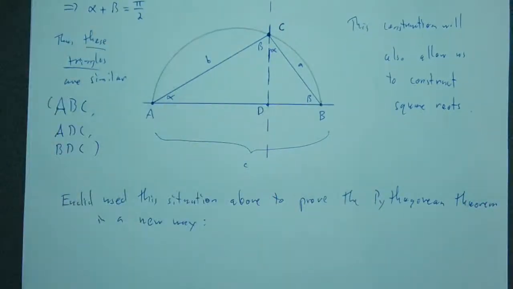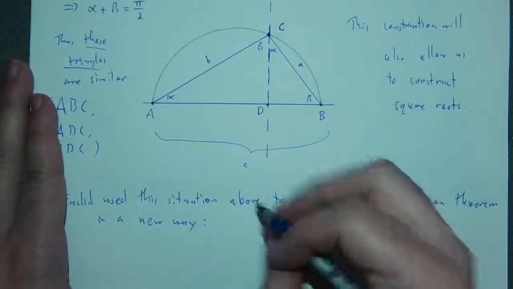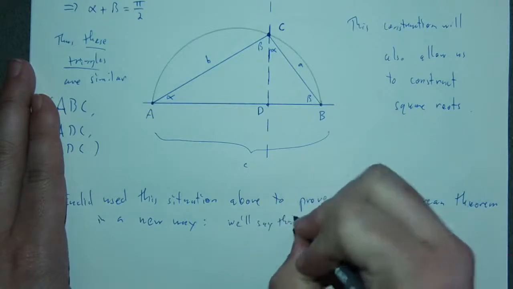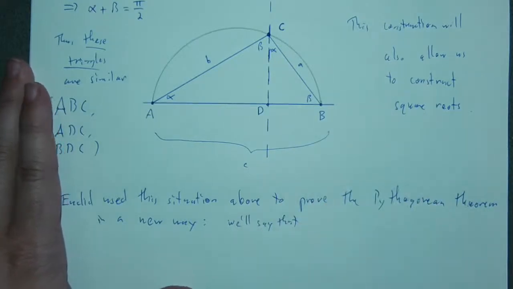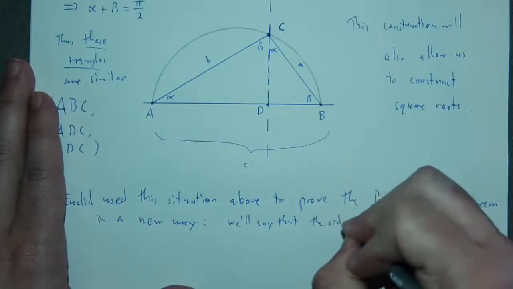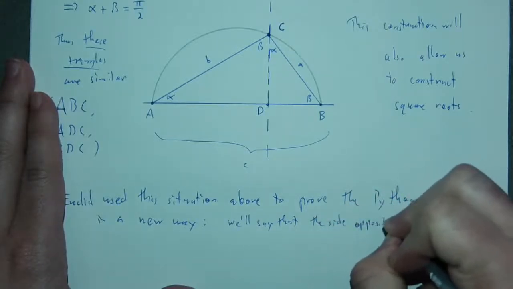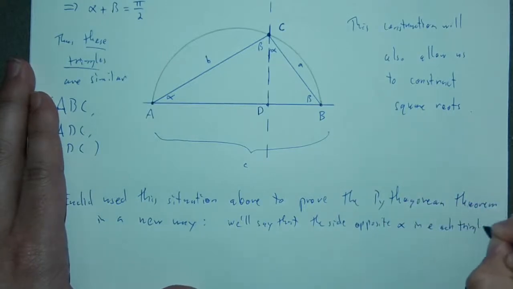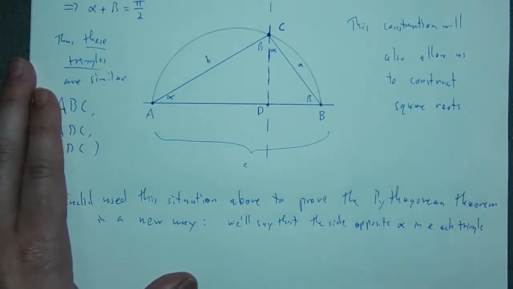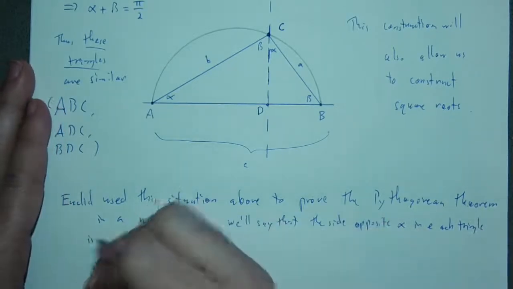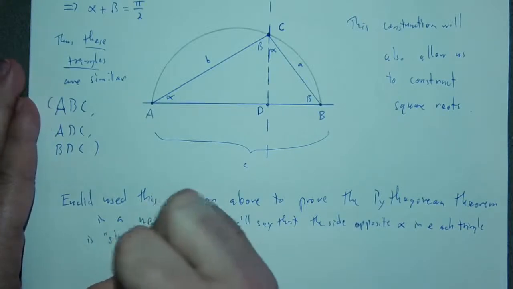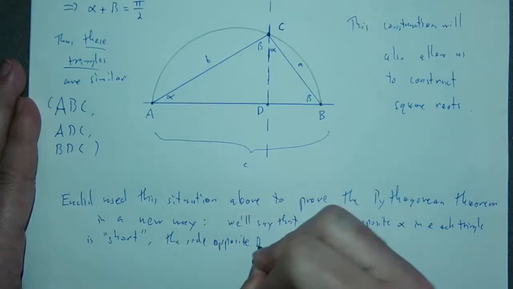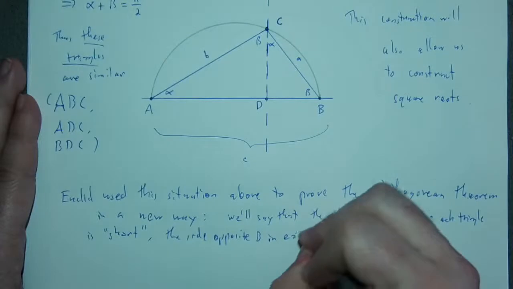So now these triangles are similar. Okay. So we'll say that the side opposite alpha in each triangle is short and the side opposite beta in each triangle is long.